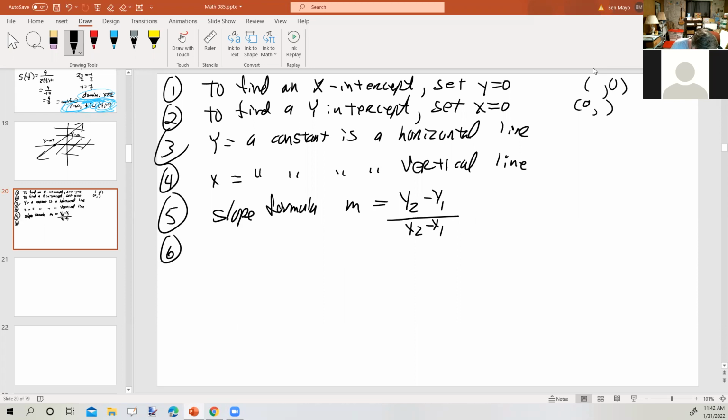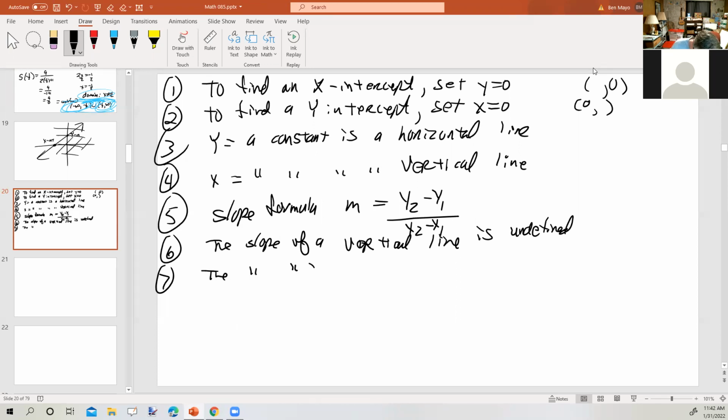All right. Number 6, the slope of a vertical line is undefined. So the slope of a vertical line, of the form x equals a constant, is undefined.